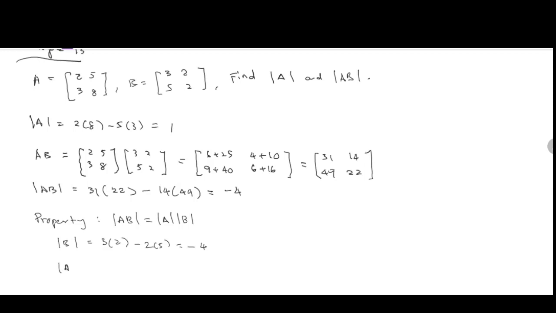Therefore, the determinant of AB is equal to the determinant of A multiplied by the determinant of B, which is 1 times -4, which is equal to -4.